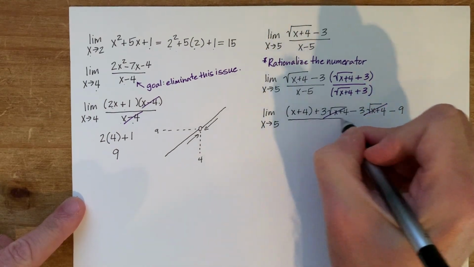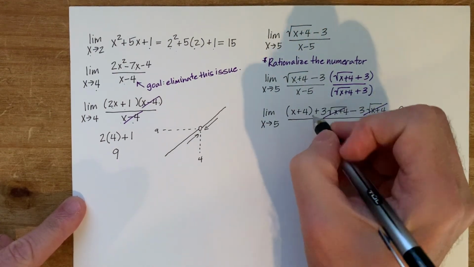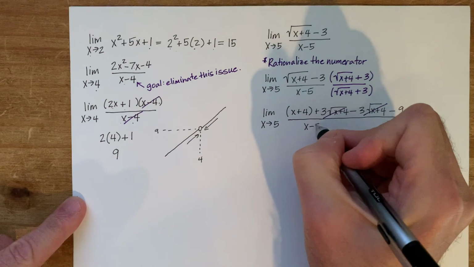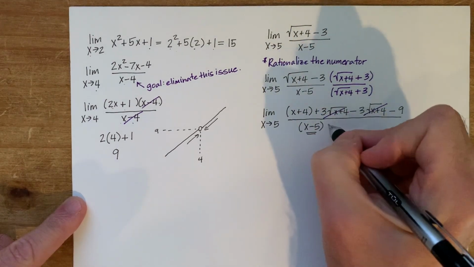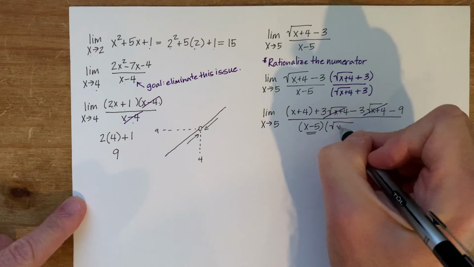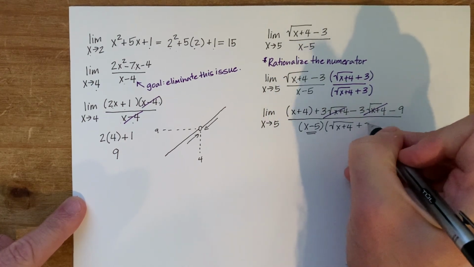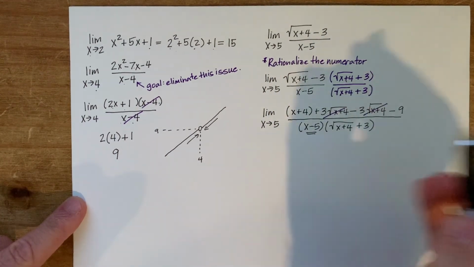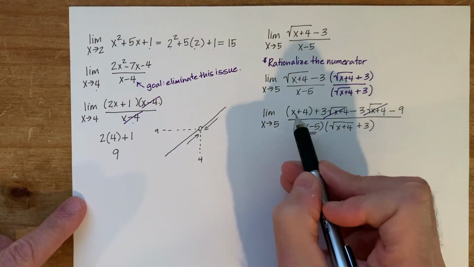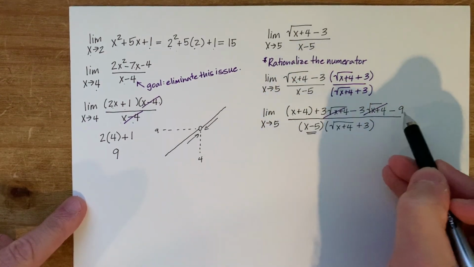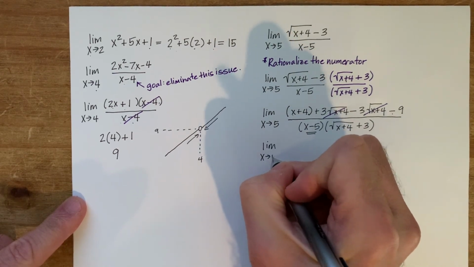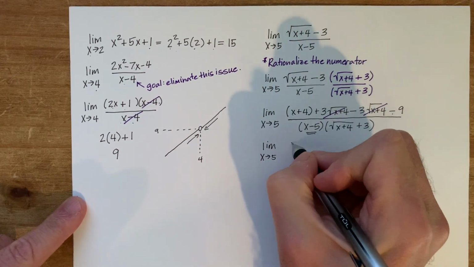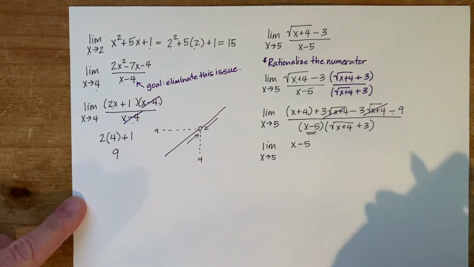Now, I am not going to multiply through on the bottom because my ultimate goal here is to get rid of this x minus 5. So I'm going to keep that in there in its factored form and not multiply it through to create more havoc. Now, when I've canceled out these middle terms, I'm left with x plus 4 minus 9, which, shocking, I know, ends up as x minus 5.